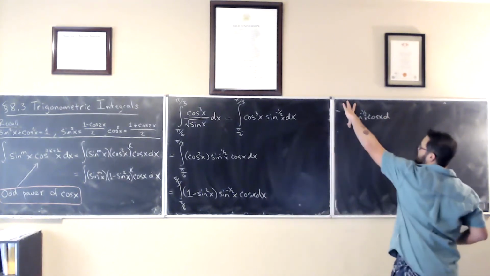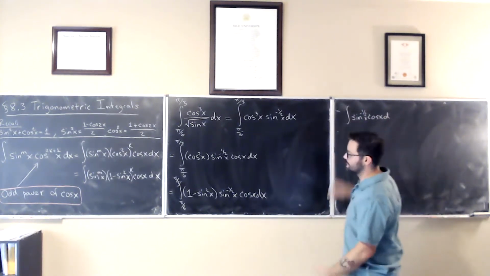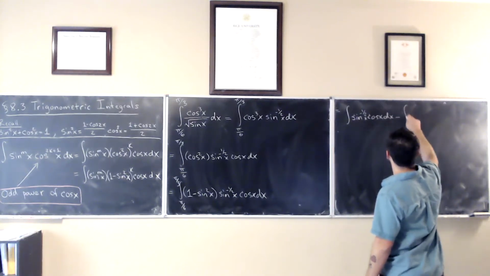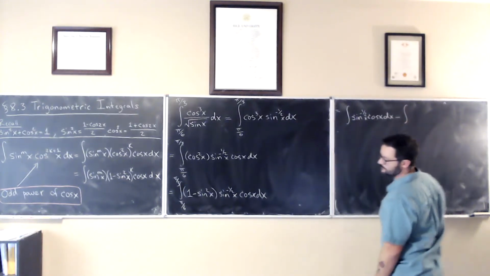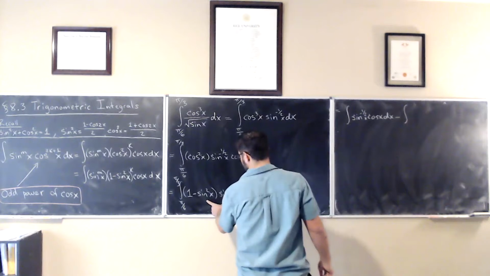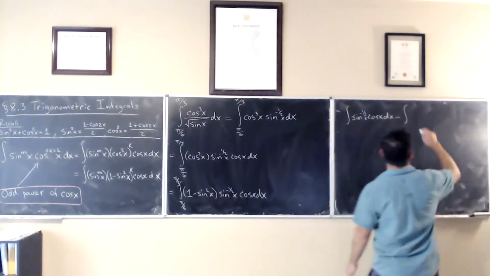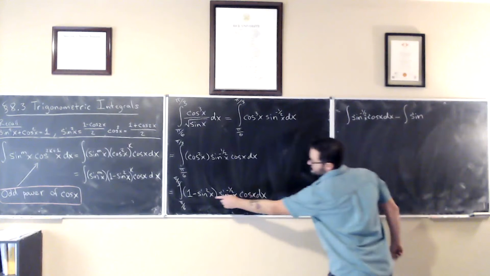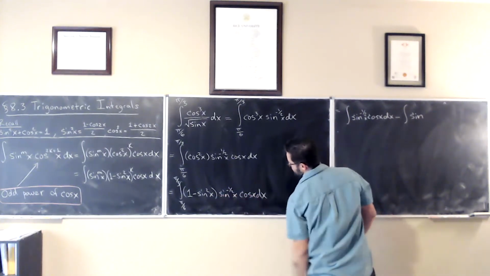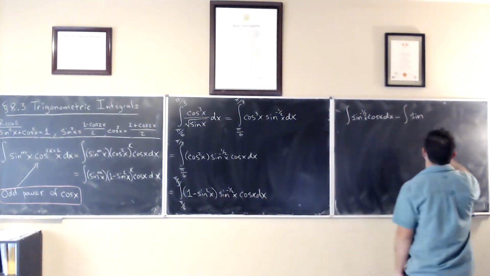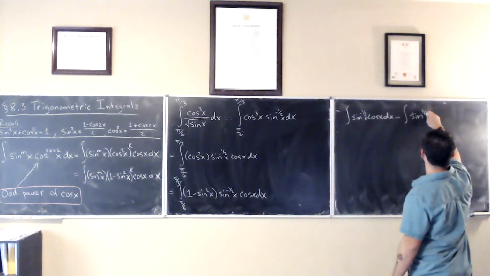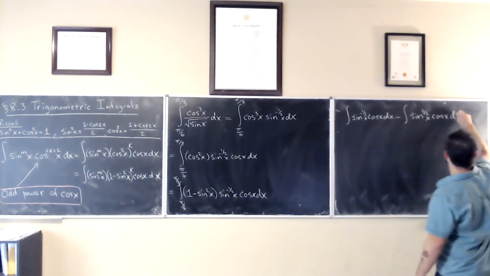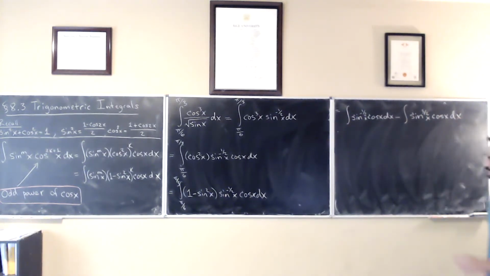I'm not writing the limits of integration because I don't have the room. And then what was the other one? So there's a 3/2, sine of 3/2. When you multiply this, sine squared times sine to the power of negative 1/2 is sine 3/2 x. And then we have our cosine x dx.